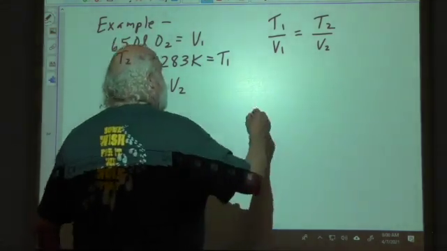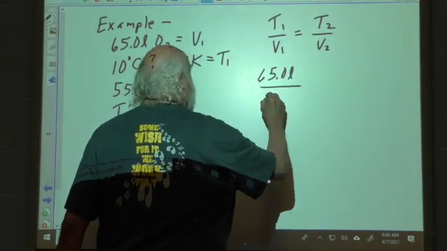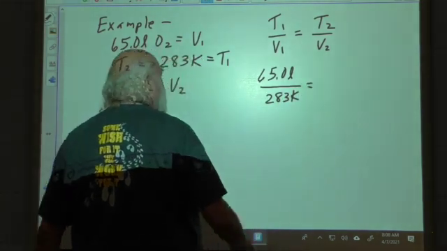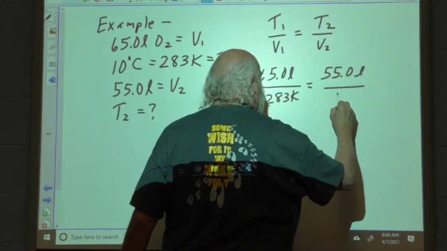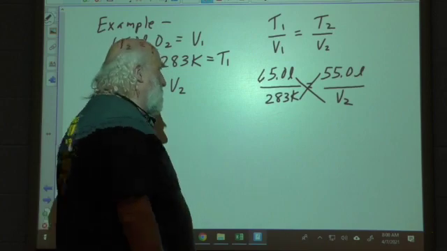Plug in our numbers. 65.0 liters over 283K is equal to 55.0 liters over V2. Cross multiply again because we have a proportionality problem here.